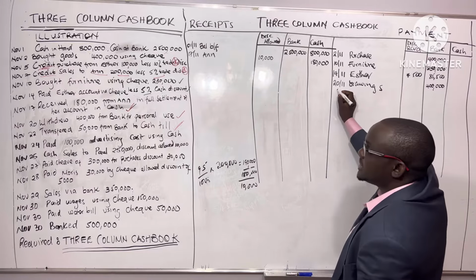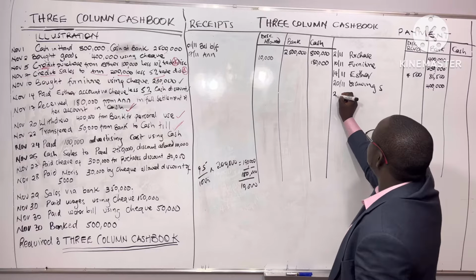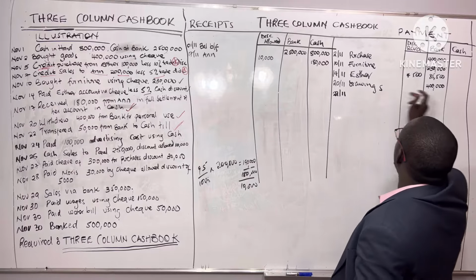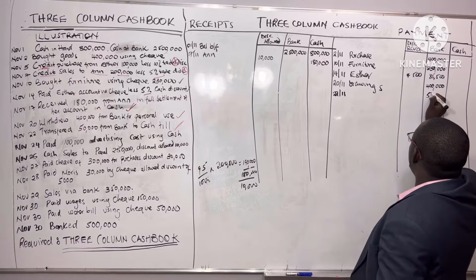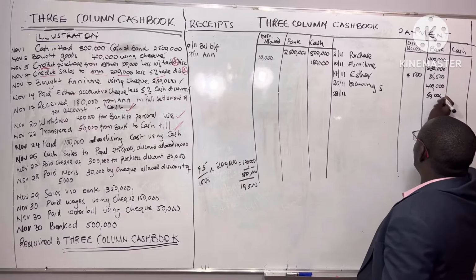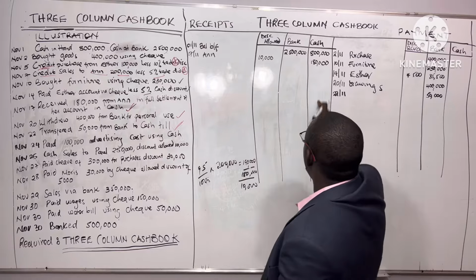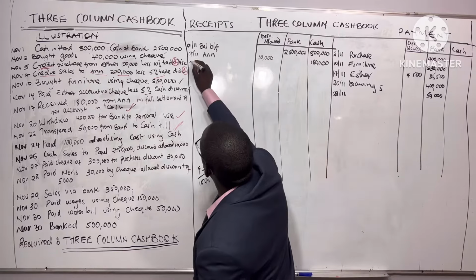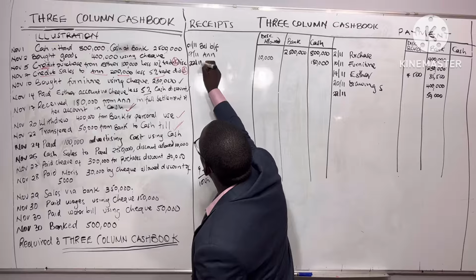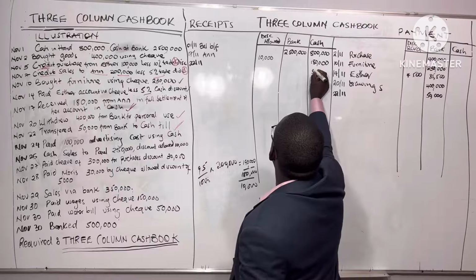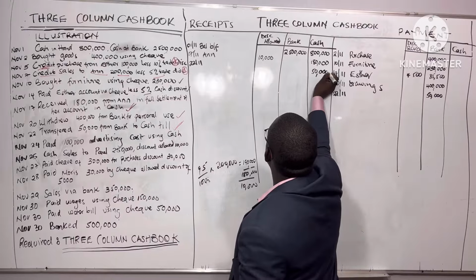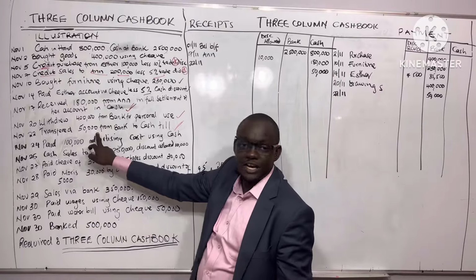So the date is 22nd of November. We are withdrawing here 50,000. Then we come to cash here, the same date, 22nd of November, and we are posting here 50,000.